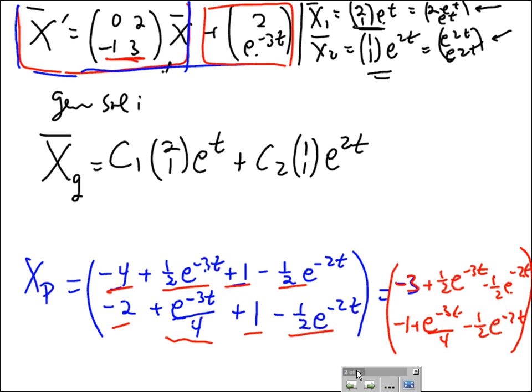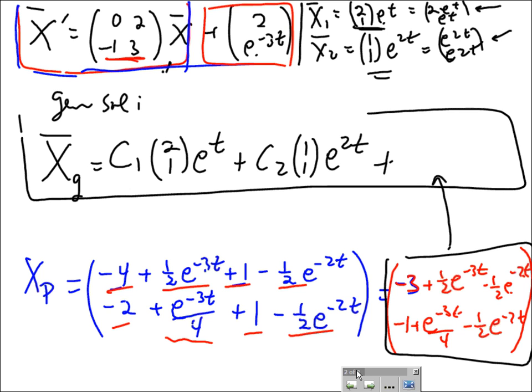Okay, that is the homogeneous plus this goes here. And there is your answer. There is the general solution. That completes the section on variation of parameters.